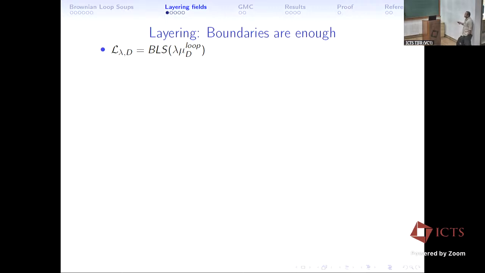So I start with Brownian loop soups, and I want to count the number of loops that cover a point Z in the domain. Obviously, this is going to be infinity, but this is the quantity of interest.